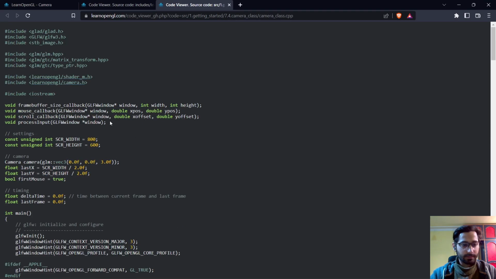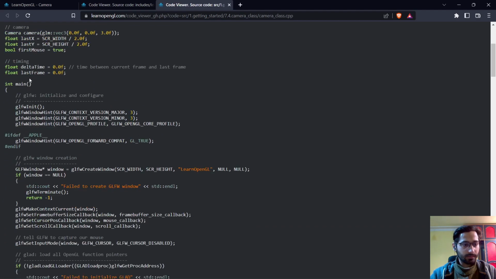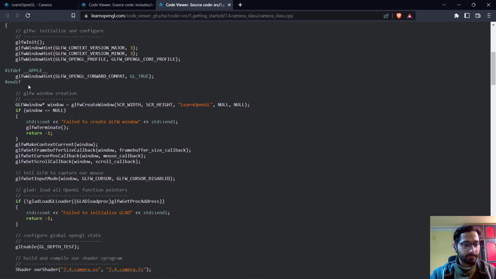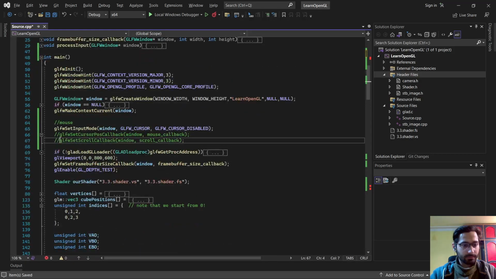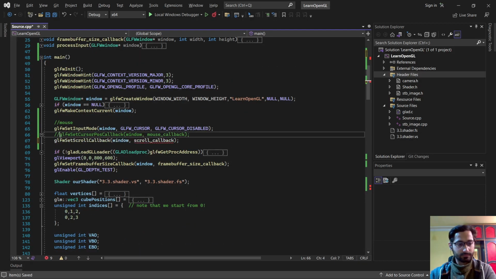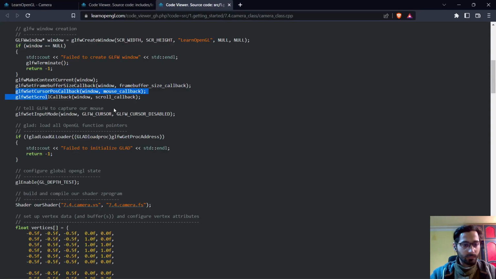Why is it defining the prototype? Okay. It's setting the cursor and the scroll callback to this.